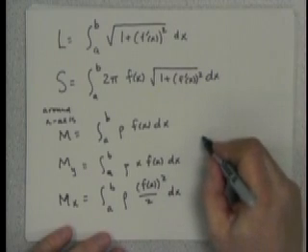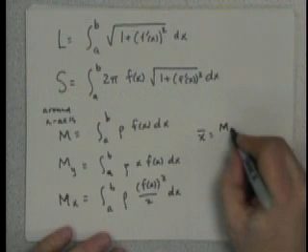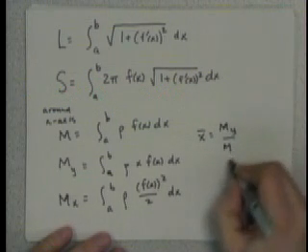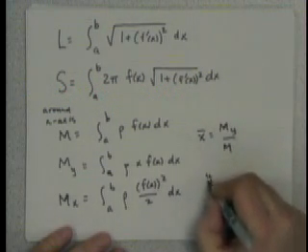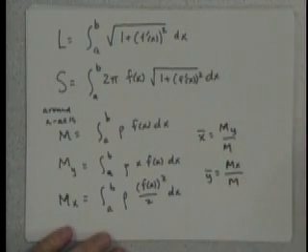And we use these to find x bar, that the centroid or center of mass was the moment around the y-axis divided by the total mass, and y bar was the moment around the x-axis divided by the total mass. So this is a summary of what we have so far.